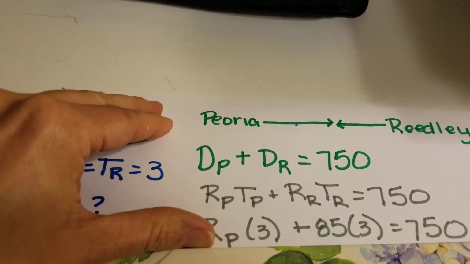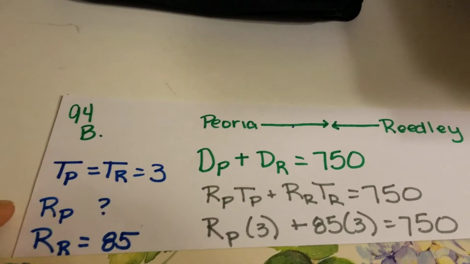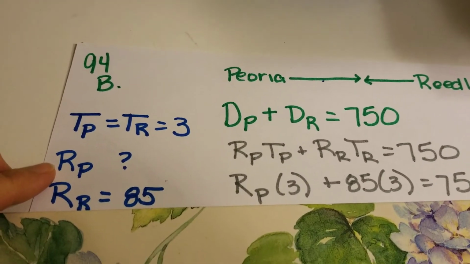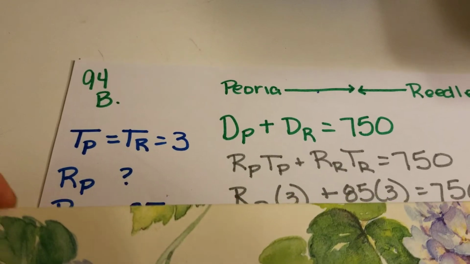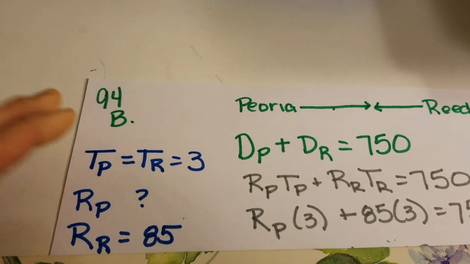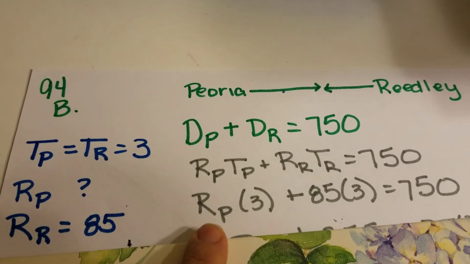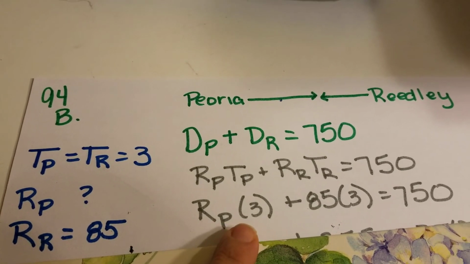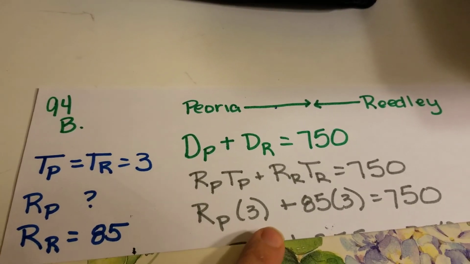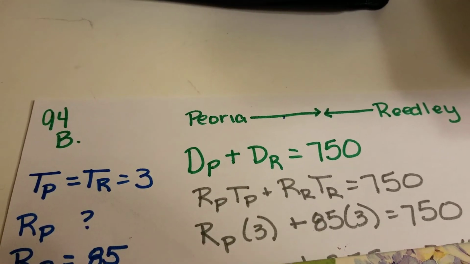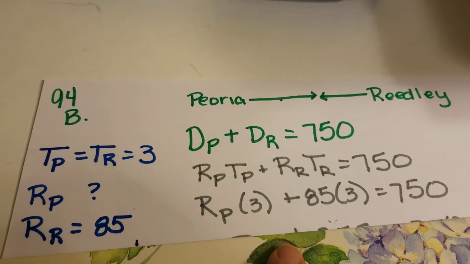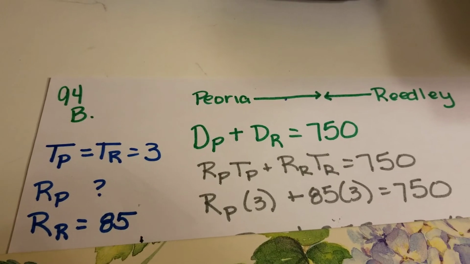Let's see what else I know. I don't know the rate of the Peoria train, that first train. I do know the rate of the Reedley train, and that is 85. So I do RP times 3, plus 85 times 3, because 3 hours for both, equals 750.